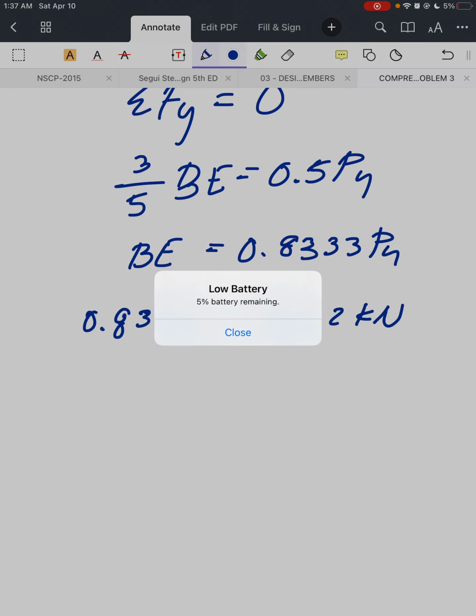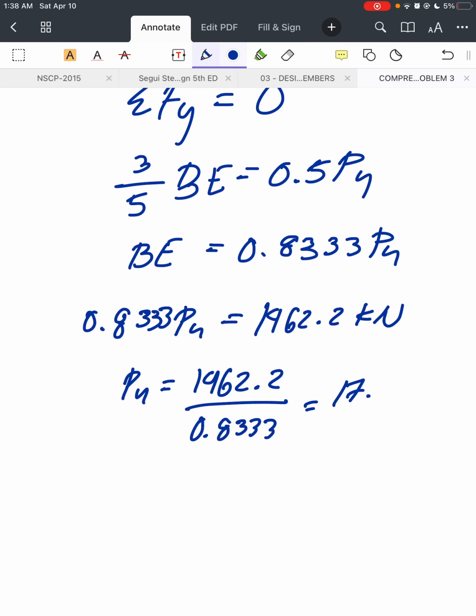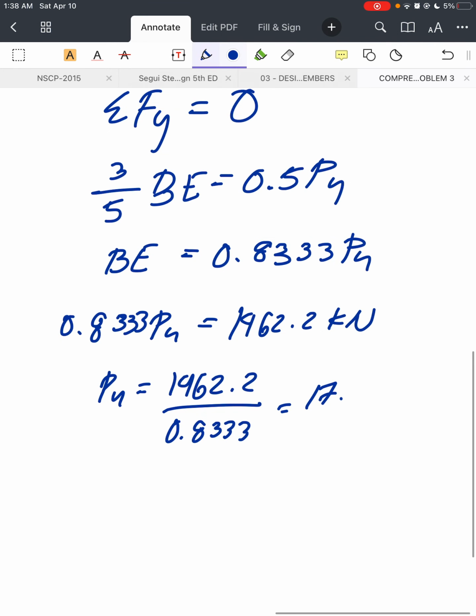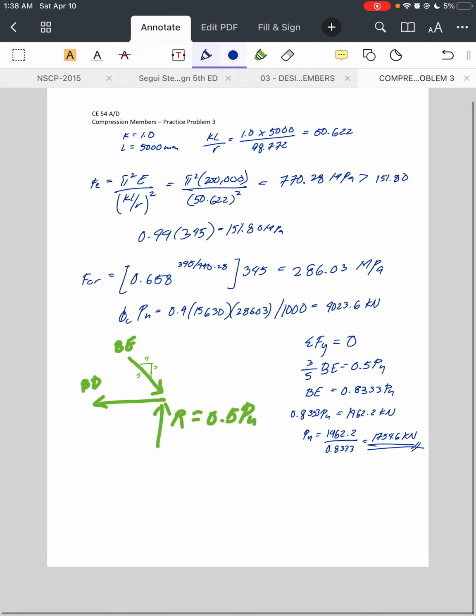So the PU is equal to 1,462.2 over 0.8333. That is equal to 1754.6 kilonewton. So that is our final answer.